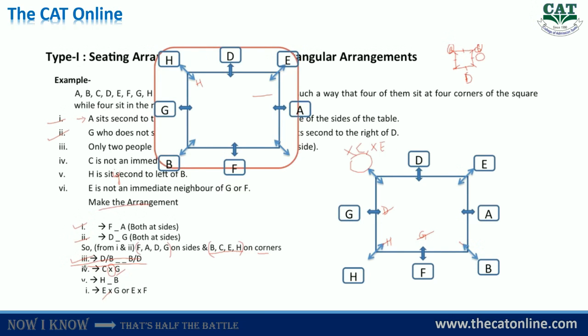So because whatever I put over here, either condition number 4 or condition number 6 will be violated. So most probably this is a case that we have to neglect, and this is a case that we have to select. So if we put C over here or C over here, this is the case that we will reject, and this will be the proper arrangement that satisfies all the given conditions.